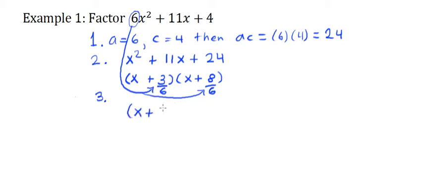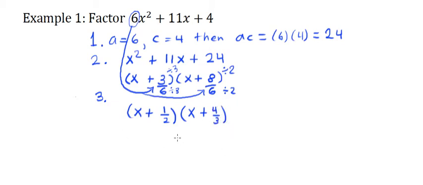So simplifying, dividing numerator and denominator by 3, this becomes 1 over 2. Similarly here, dividing numerator and denominator by 2, this becomes 4 over 3.